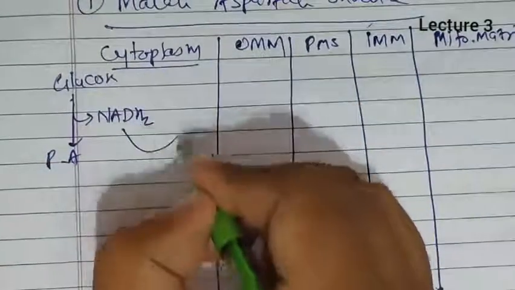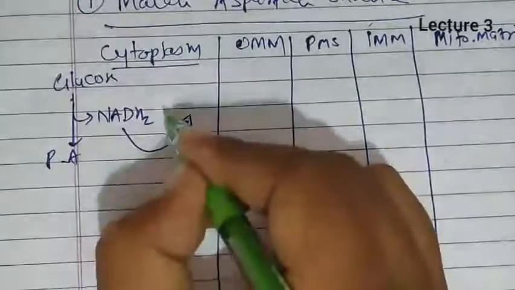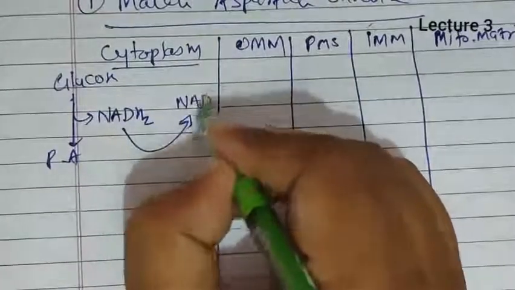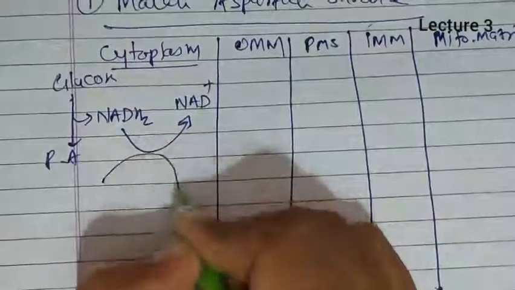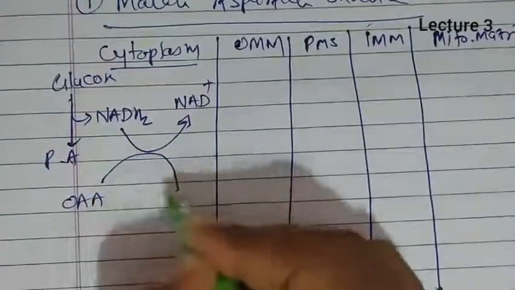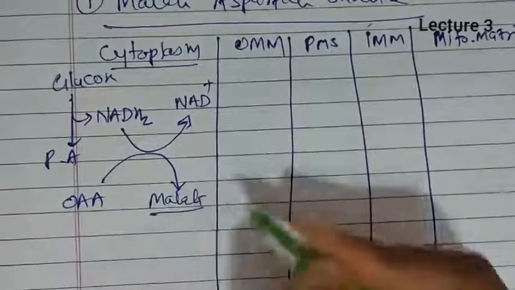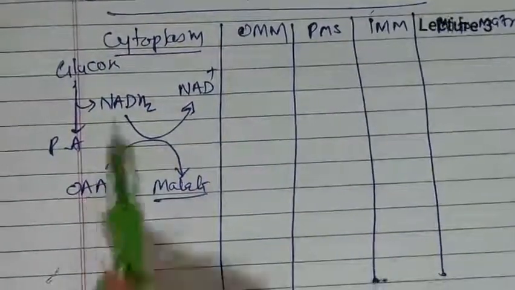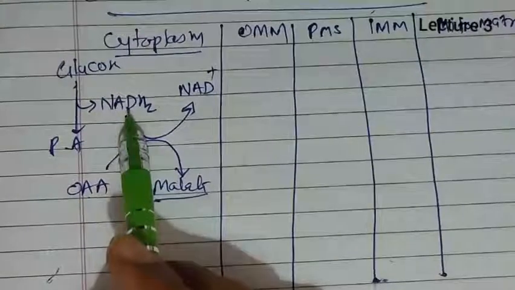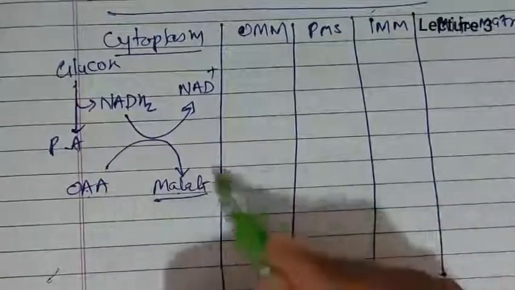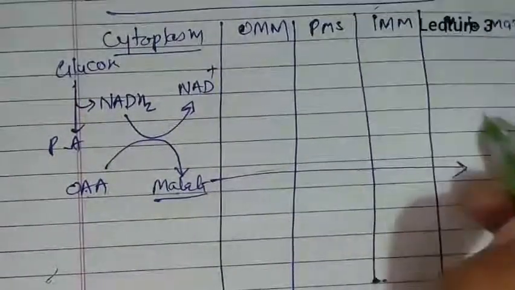Now this NADH2 breaks into NAD plus and reacts with oxaloacetic acid to form malate or malic acid. Oxaloacetate cannot pass this membrane, but malate can.